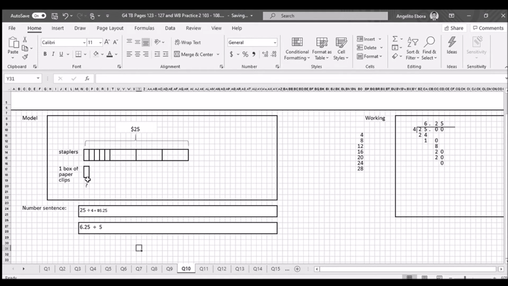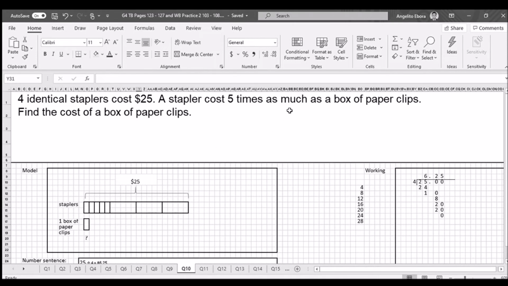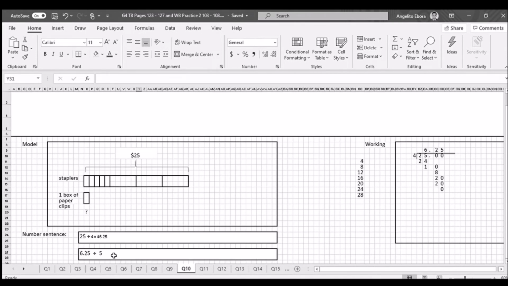Because one stapler costs 5 times as much as one box of paper clips. So divide it by 5.